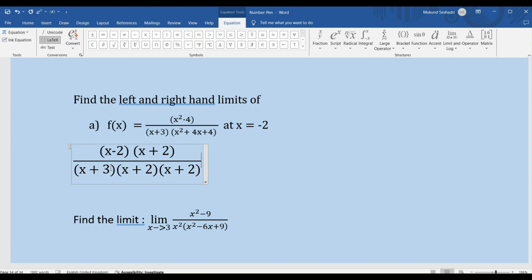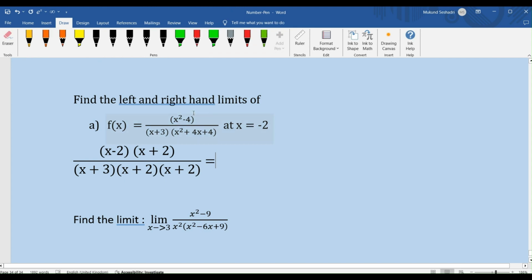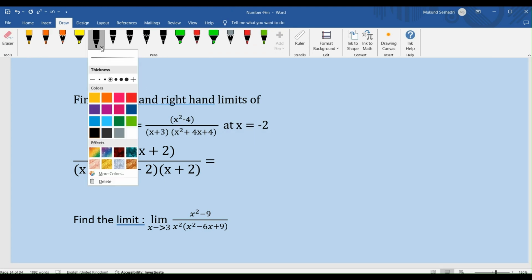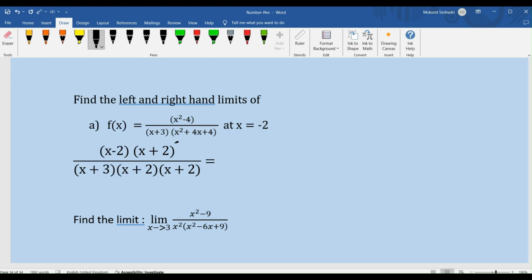So now we are left with an x plus 2 in the numerator and an x plus 2 in the denominator, which we can comfortably cancel out. So I'm going to do that, remove one x plus 2, and then we are left with x minus 2 divided by (x plus 3) into (x plus 2).